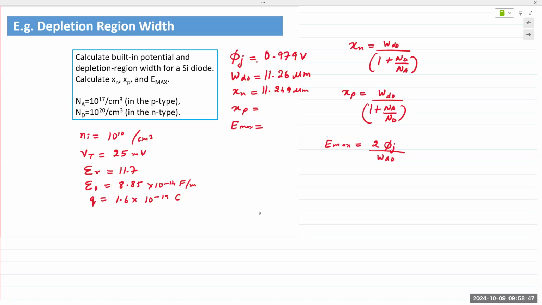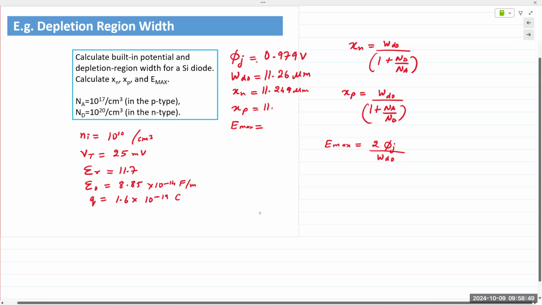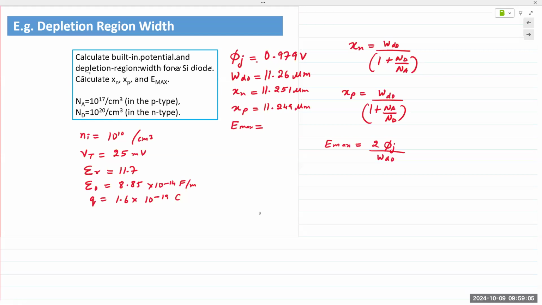That was for XP? Oh, okay. What was for XN? 11.251. Okay. Anyone else have these numbers? Anyone got the same number for XN, except it's a nanometer instead of micron? 11.251 nanometers.